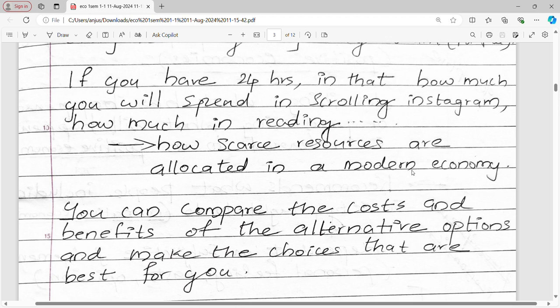Say you need 5 or 6 hours, for some it will be 10 hours for sleeping. After that you'll be having 14 hours. How you will manage these 14 hours? How you will allocate these 14 hours into your daily activities? So you can compare the costs and benefits of the alternative options and make the choices that are best for you.